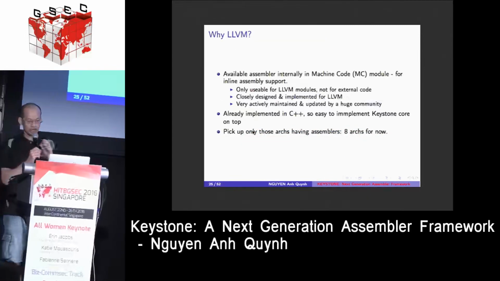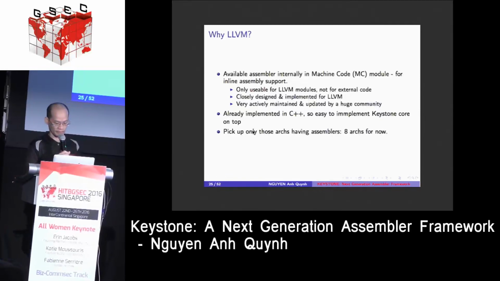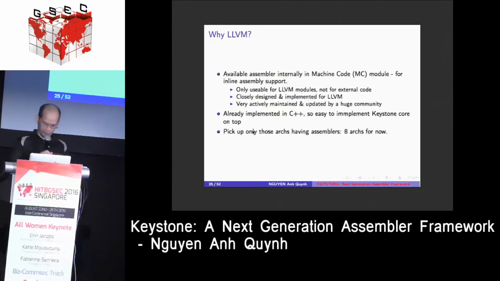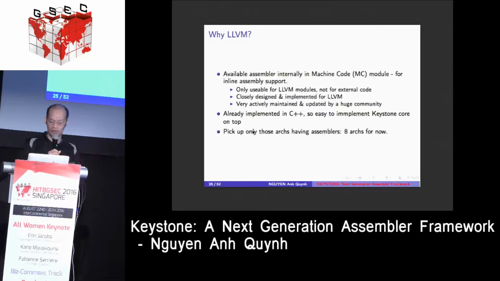So the reason I chose LLVM for Keystone is, first, because LLVM is a compiler, right? So MC supports the compiler inside, and a compiler should support inline assembly, which means MC already has many assemblers inside. But note that those assemblers inside MC are only built for LLVM, nothing else.